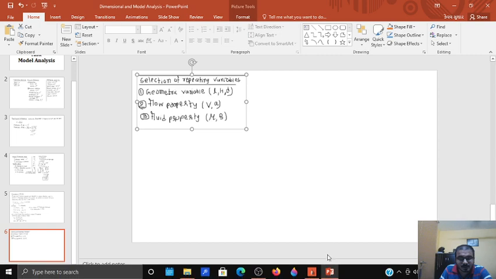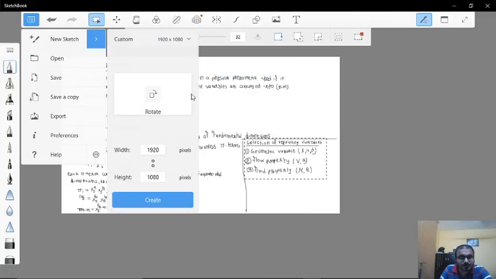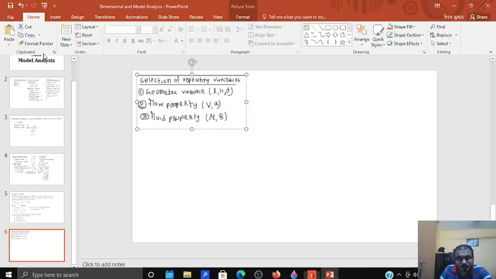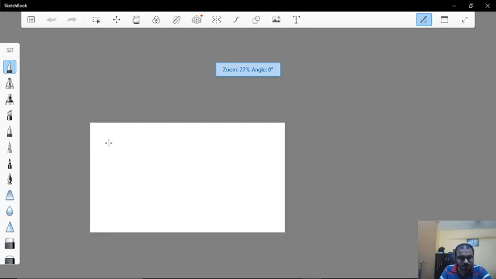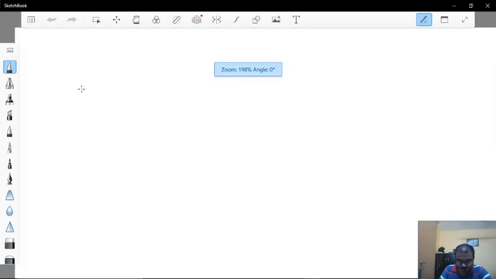Now we will directly take the example for this. So here we will be taking a physical phenomena of resisting force in a supersonic plane.